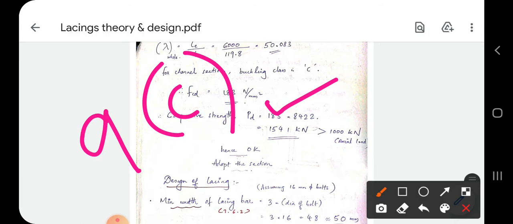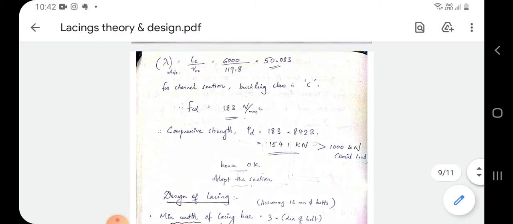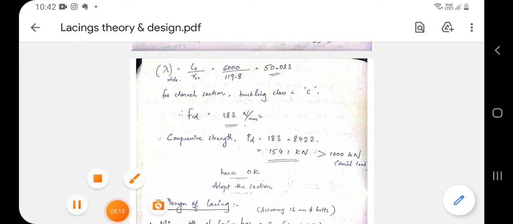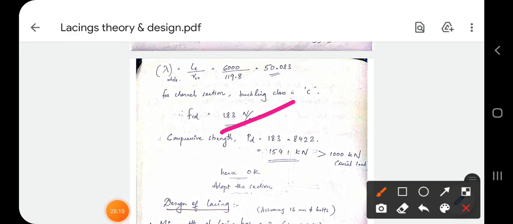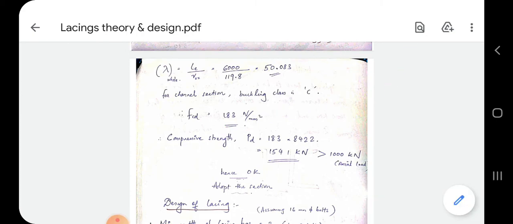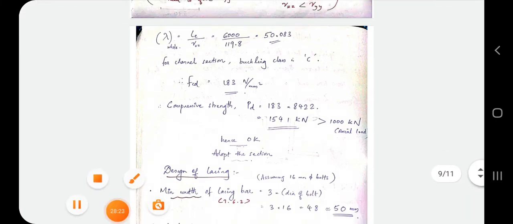Okay, this is actually a built up section, so we have to find the compressive stress FCD value from 9C. So FCD is equal to 183. Actually if you are doing in lambda effective value, the value will be different. It will be more than this.